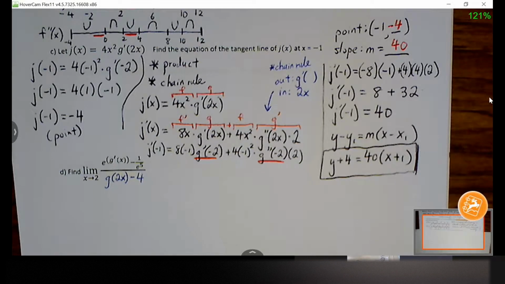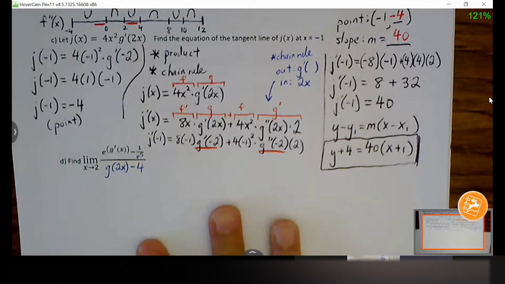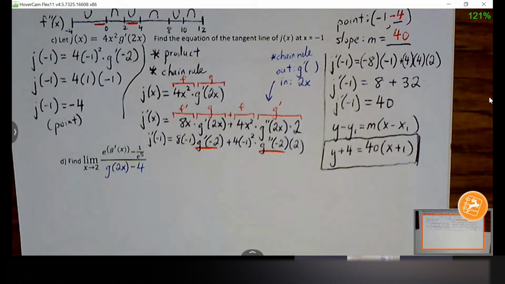All right. Questions? Okay. Part D, we have a limit problem. What's the first thing we do with a limit? Factor it so that it's not division.